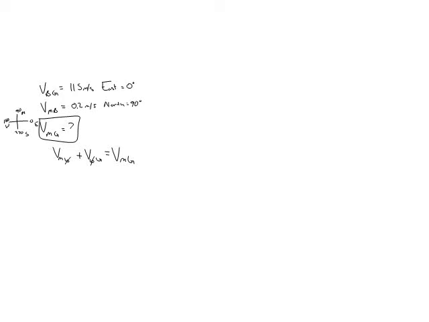Are you guys ready for the vector part? Okay. So we got x, we got y. We're going to do MB: 0.2 cosine 90 i hat plus 0.2 sine 90 j hat.